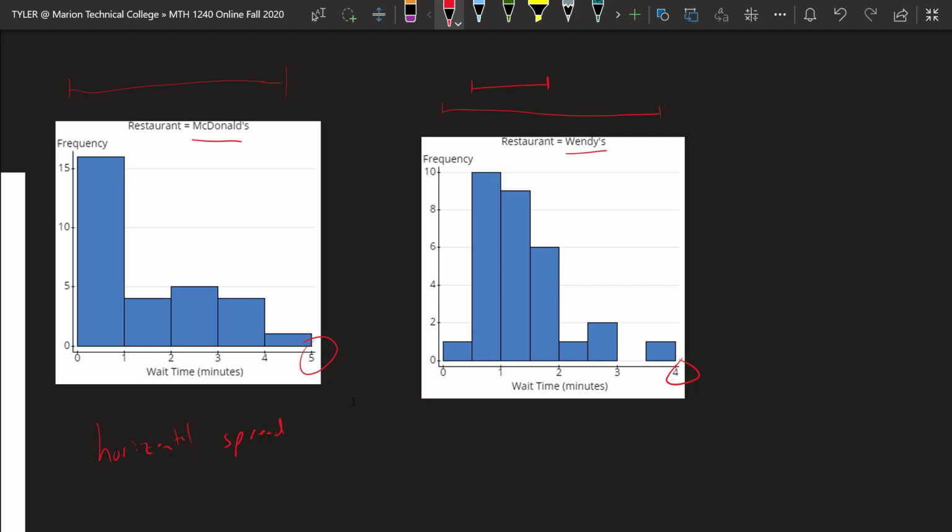Also, a comment is that the picture of McDonald's is more right skew, right? Where the Wendy's looks to be more bell shaped, right?